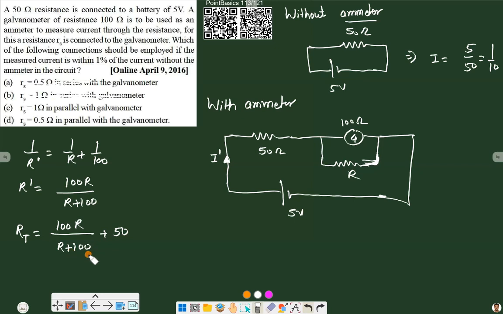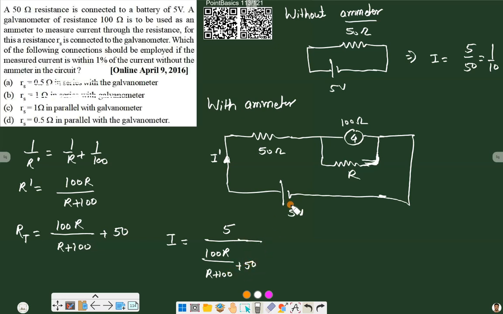So we will keep it as it is, and now the current in this circuit will be 5 by the total resistance, that is 5 divided by (100R by (R plus 100) plus 50).